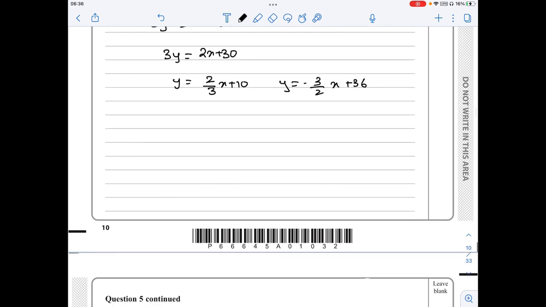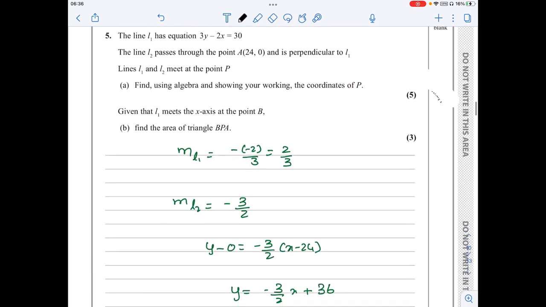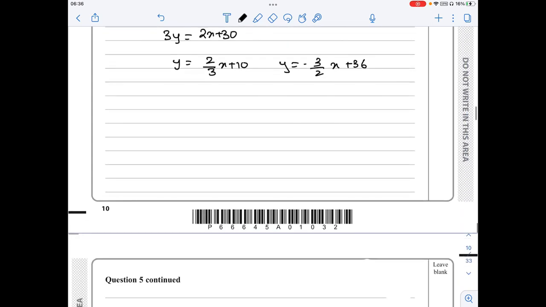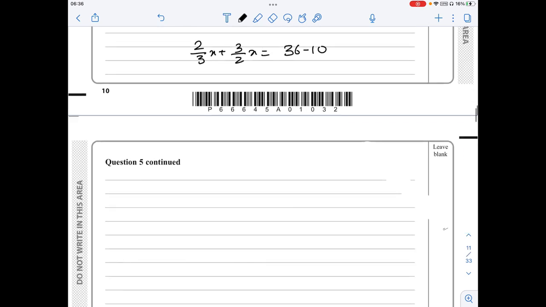So 2 upon 3 x plus 10 should equal minus 3 upon 2 x plus 36. So 2 upon 3 x plus 3 upon 2 x equals 36 minus 10. 4 plus 9 is 13, so 13x upon 6 equals 26.